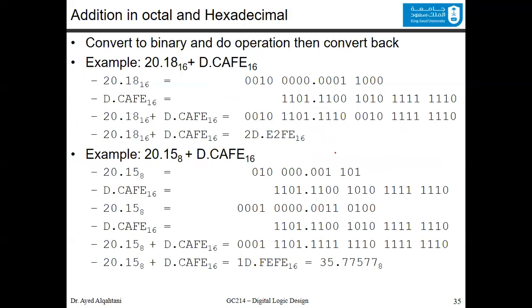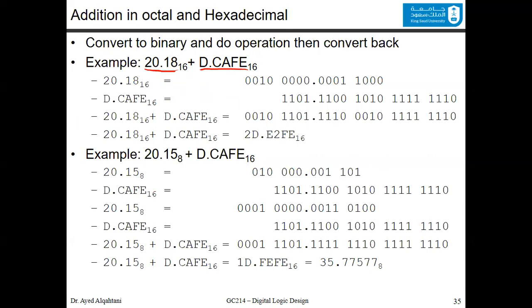If you want to do the addition in octal or hexadecimal, for example, you have this hexadecimal value and you want to add it to another hexadecimal value, you can do the addition in the hexadecimal base directly, but probably it's not a good idea for this course because this is an introductory course.